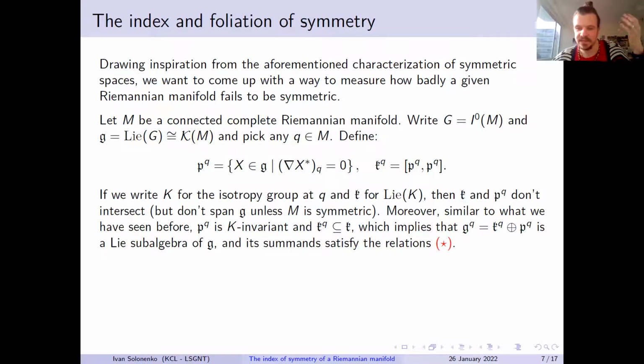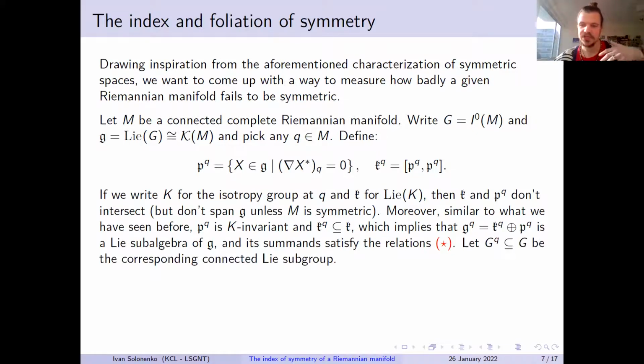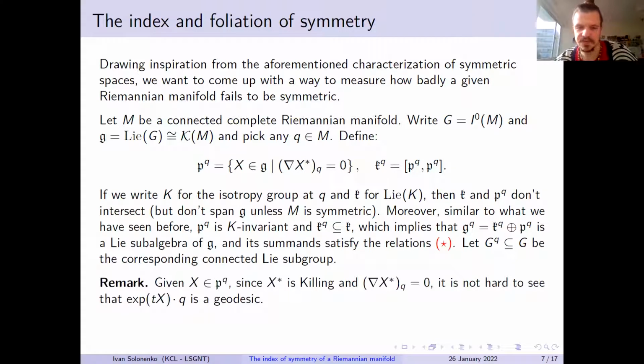Okay, but because this is a Lie subalgebra of G, of Gothic G, we can define big GQ to be the corresponding connected Lie subgroup of G. Great, we're almost done defining everything. Just one small remark: if you take X to be in PQ, then you know that X star is first of all a Killing vector field.